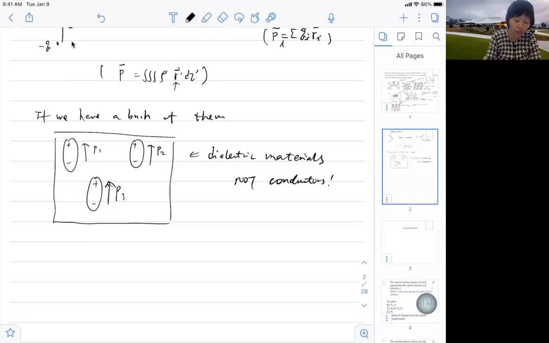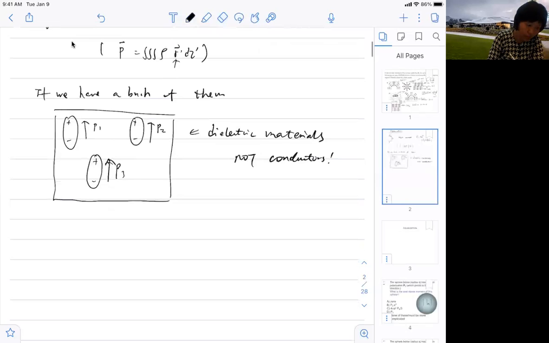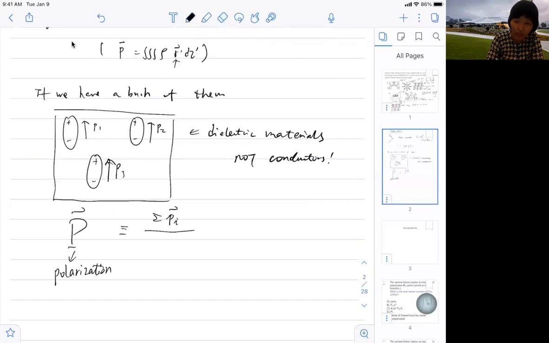Okay, so we're going to define a new quantity with which we will describe the polarization. We're going to call this capital P. And this is defined to be: add up all the little dipoles inside. Each of them has a dipole p, right?